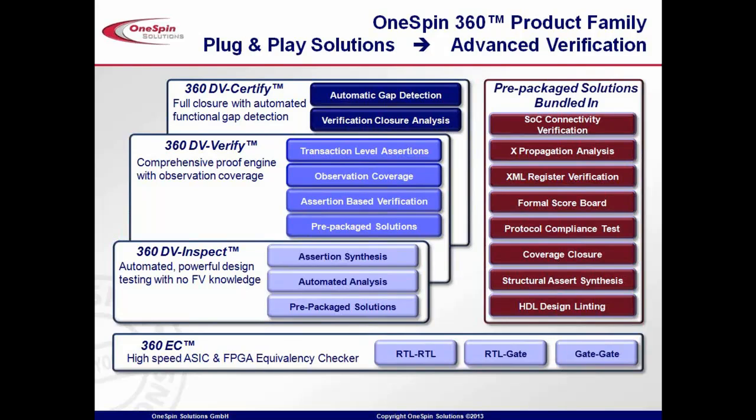Where we see ourselves the most is the FPGA, and the new thing is RTL to RTL, and sorry, the sequential checker we have. That's really the sequential checker we can run on any of these.